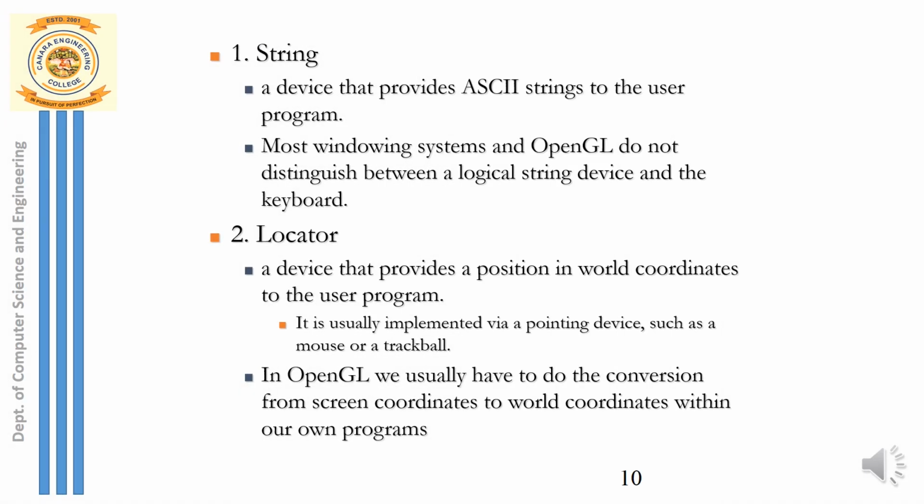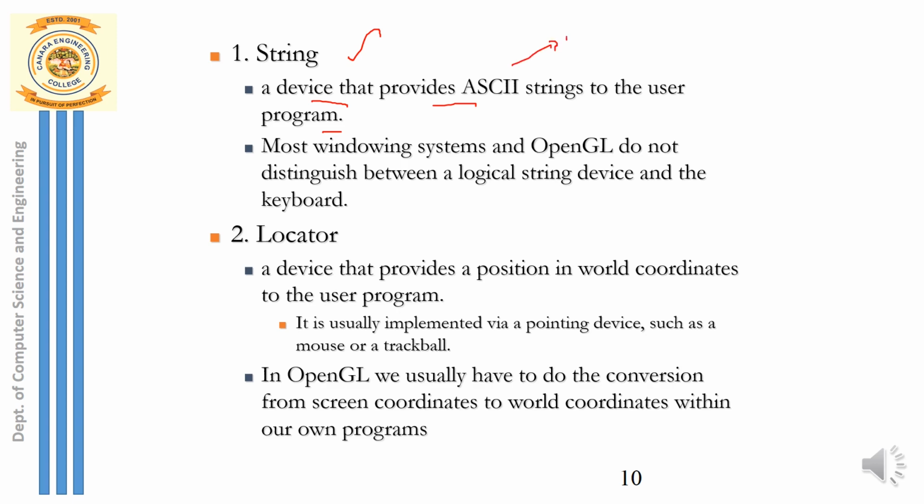Of those 6 classes, the first class is string. So what is the string type of logical input device? It is a logical input device that provides ASCII strings to the user program. When I speak about this, usually a keyboard comes to your mind, right?